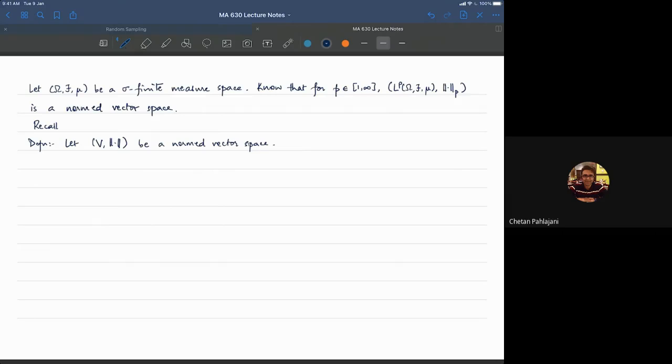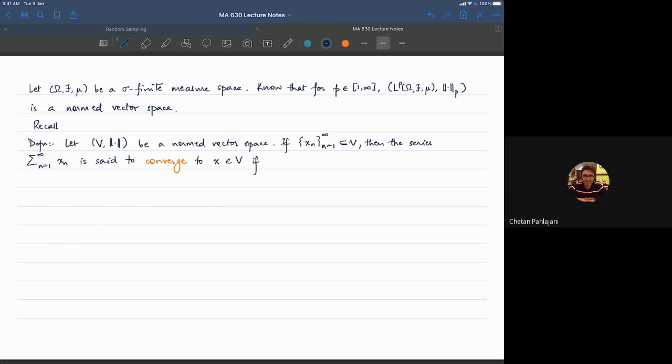Now, if I have a sequence small xn, n going from 1 to infinity in V, then the series summation n going from 1 to infinity of xn is said to converge to x in V if the sequence of partial sums converges to x.